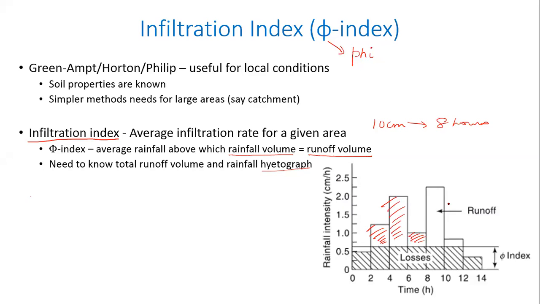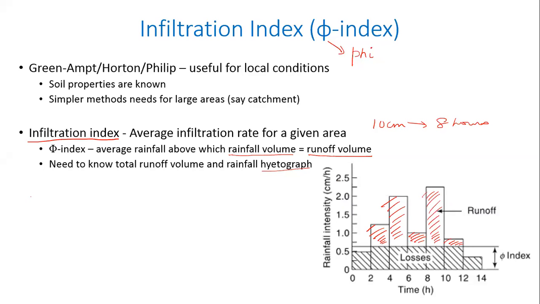Whatever I'm shading in red is the rainfall that has become runoff. The remaining portion, the shading that says losses, in black, is all the rainfall that has become infiltration. As simple as that.